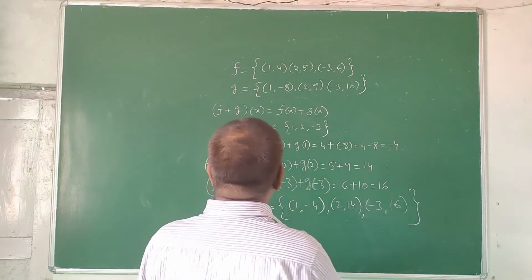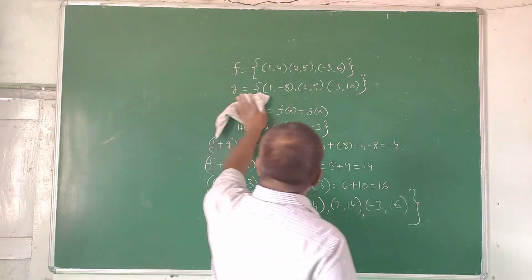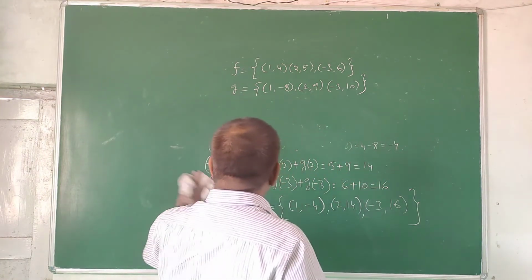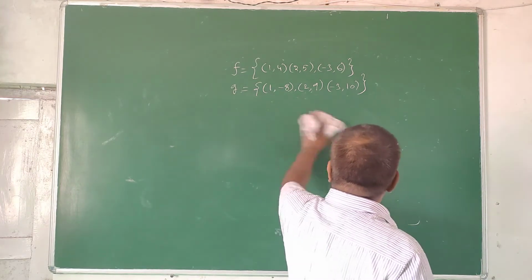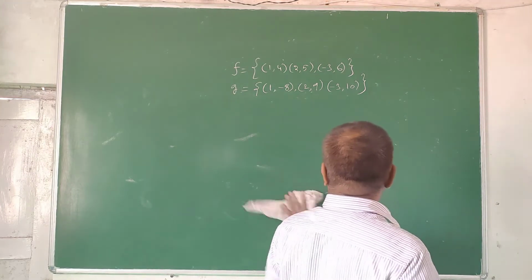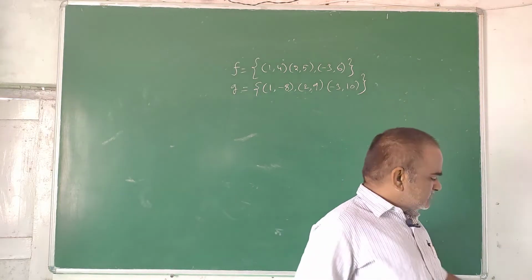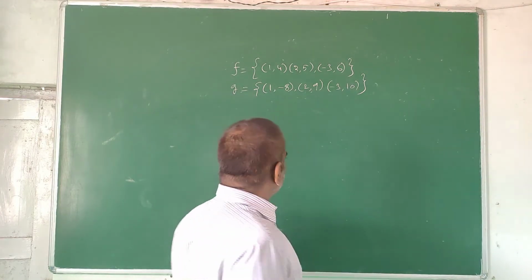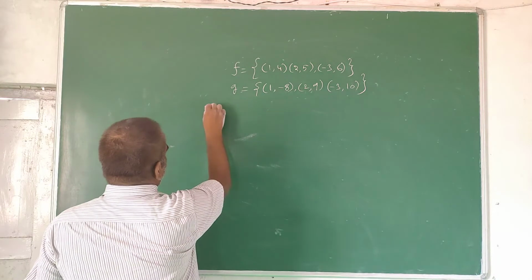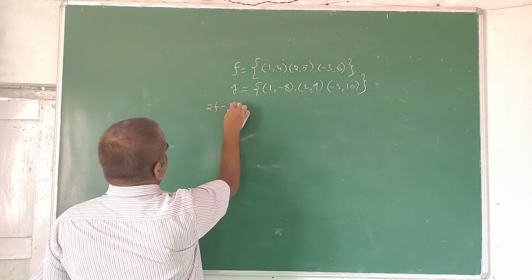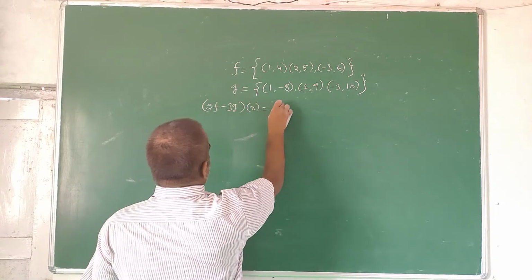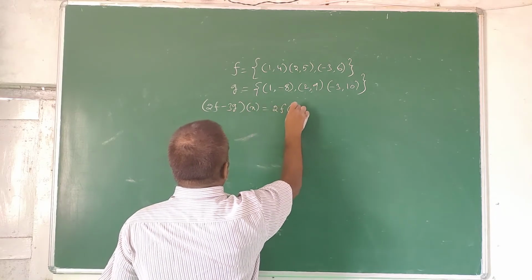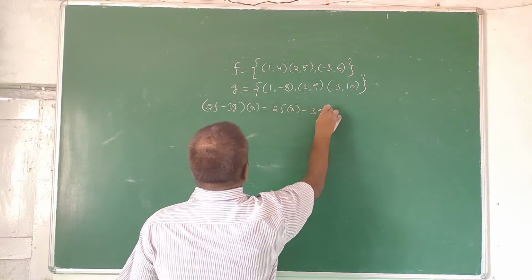But I will do one more to have clear understanding. Suppose you need to find 2f minus 3g for a moment. 2f minus 3g you need to find. So (2f minus 3g) of x is equal to 2 into f of x minus 3 into g of x.